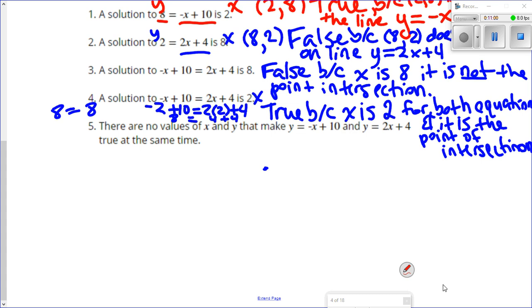If I were to input 8 for x algebraically, is negative 8 plus 10 equal to 2 times 8 plus 4? Well, negative 8 plus 10 is 2, right? 2 times 8 is 16 plus 4, and 16 plus 4 is clearly not 2, but rather it is 20. So those two are not equivalent. So algebraically, that's how we can prove that.